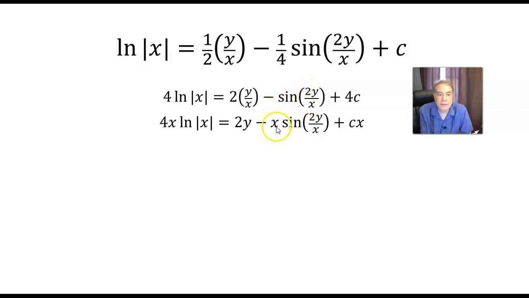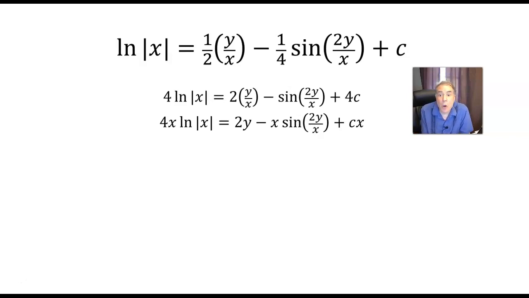So we have to just leave this as x times the sine of 2y over x. Unless you want to mess around with some trigonometric identities to try and rewrite that somehow, but I don't want to mess around with that. And then the 4c, or just the c, gets multiplied by x. And I'm just going to leave it like that and say that gives us our solution.